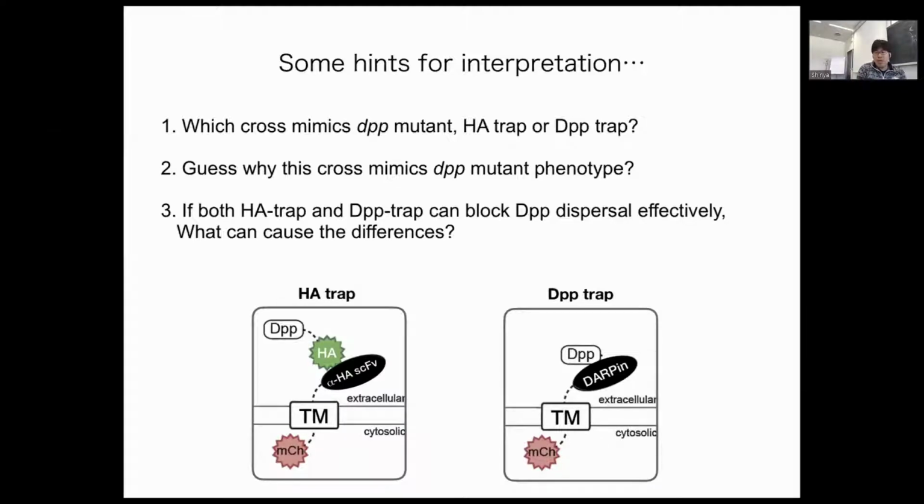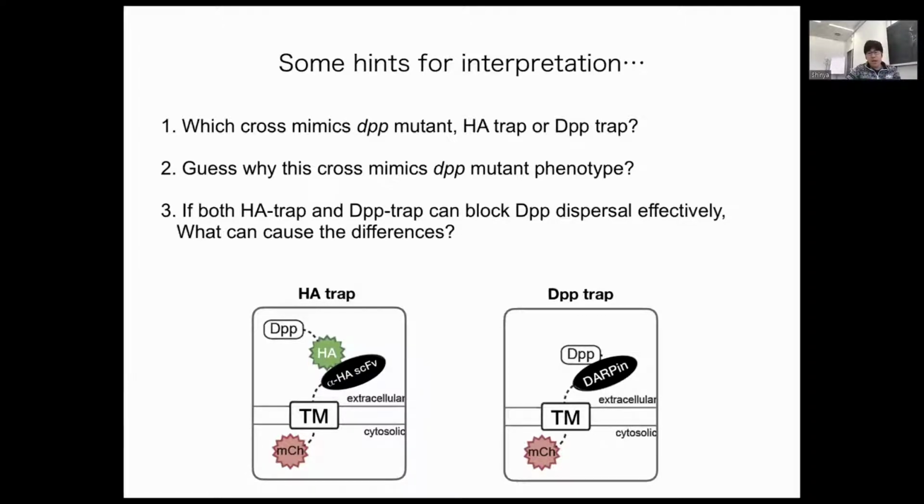Of course, I didn't give a hint, but if you see the scheme of how they trap DPP, you may get some idea. HA trap actually binds to the HA tag, the small tag. Of course, the antibody binds to the tag, but not DPP.